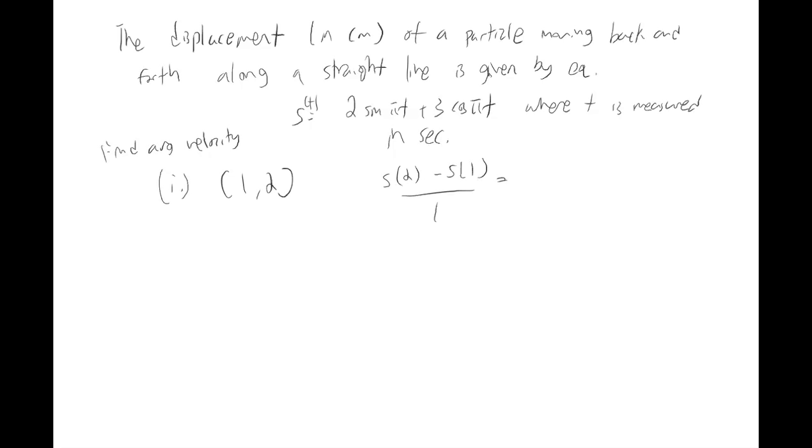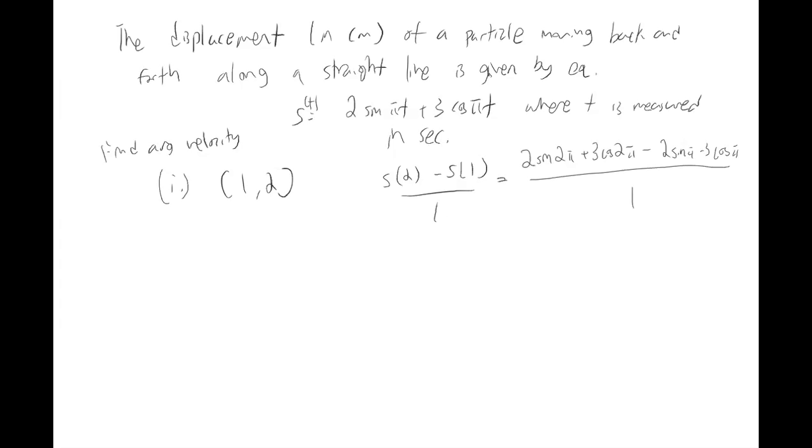This is 2 sine of 2 pi plus 3 cosine of 2 pi minus 2 sine of pi, minus, the minus distributes, 3 cosine of pi, over 1.